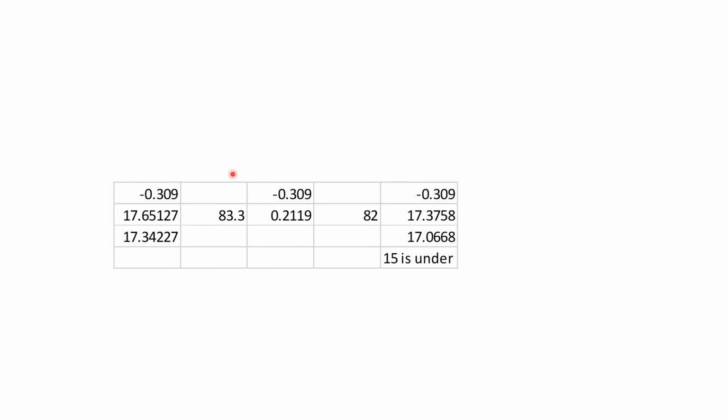Here I have the slope and this is the intercept. So if I plug 83.3 in, I get 17.34 when I do the calculation. If I plug 82 in, I get 17.0668. So 15 is under that value.